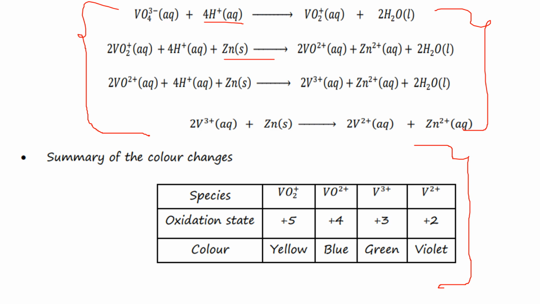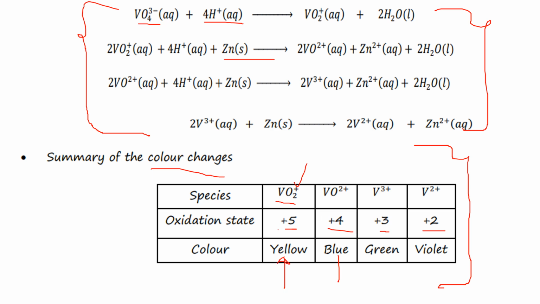So first we react vanadate(V). And the summary of the color changes is that the oxidation state in this compound is +5, this compound is +4, this compound is +3, and this compound is +2. Vanadium in the +5 oxidation state forms compounds that are yellow in color.